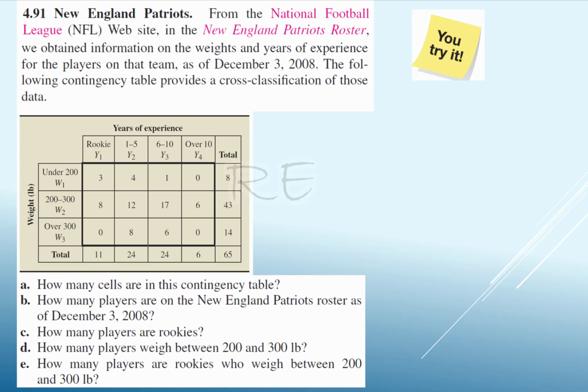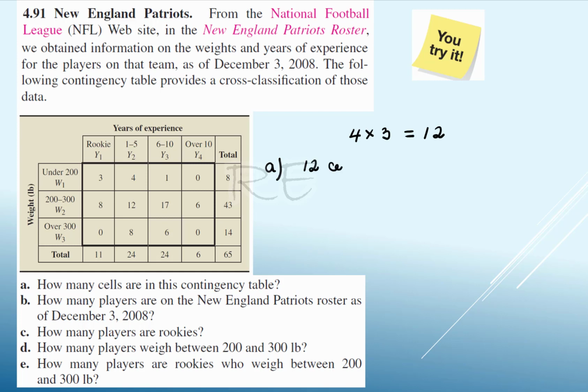This is a contingency table about the New England Patriots roster, and you have the years of experience and the weight of the players. Now the number of cells is 4 times 3, so we have 12 cells.